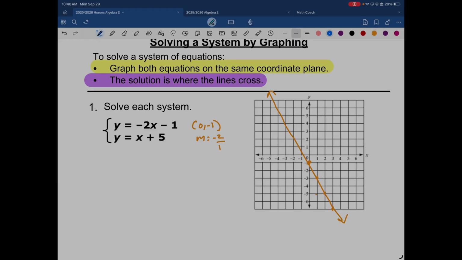Now I'm going to graph the second one in purple. So I'm going to graph y equals x plus 5. My y-intercept is 0, 5. My slope is 1, so up 1 over 1. I don't appear to be too accurate again.